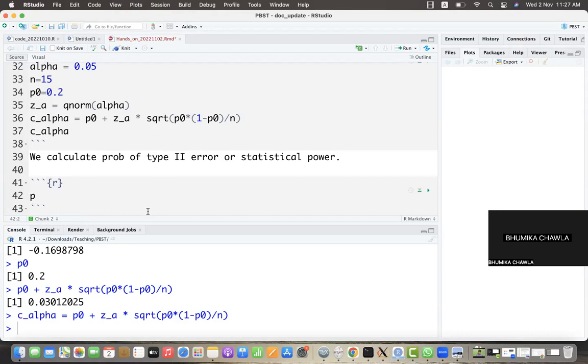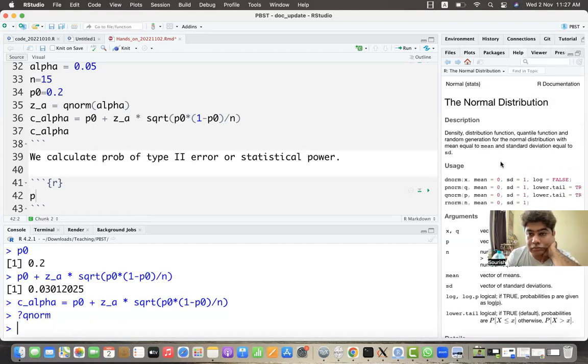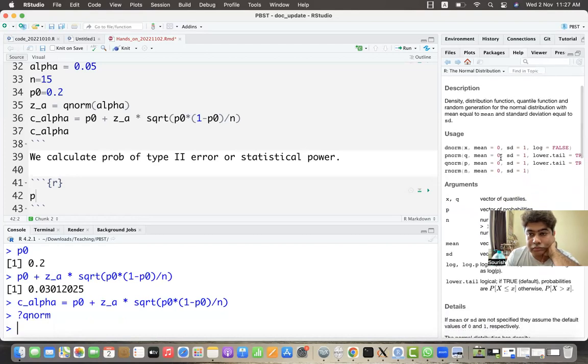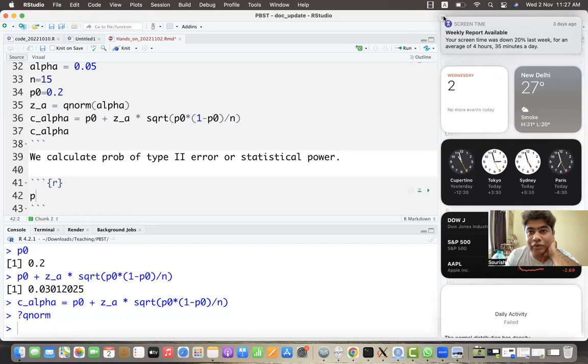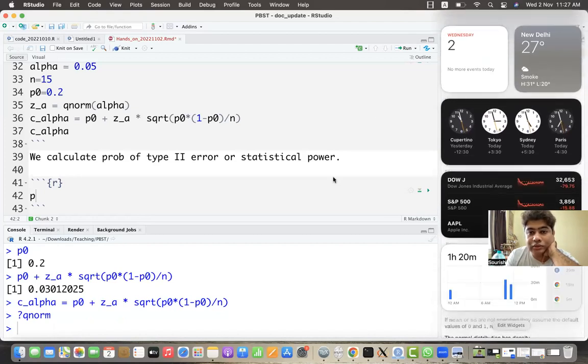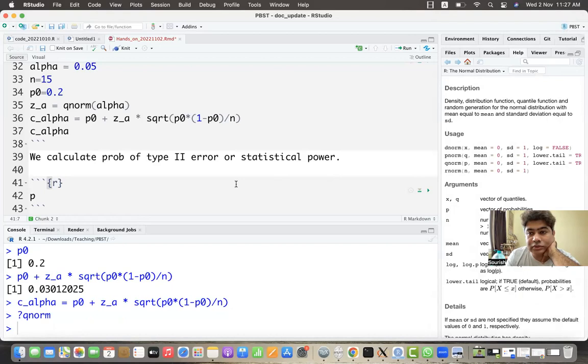Hello sir. In the Q norm function, shouldn't the lower tail be set to false? No, because I'm looking for the lower tail only. What is my test?